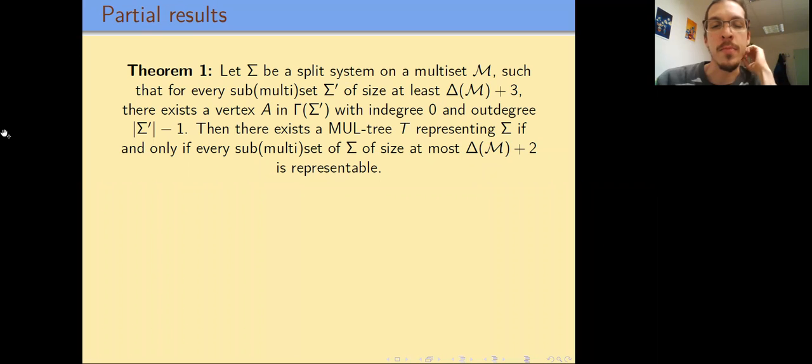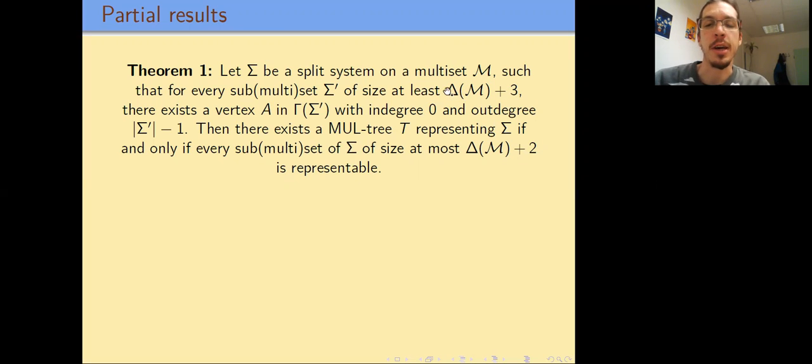We have one which requires looking at some annoying property enjoyed by subsets of your split system sigma of size delta plus 3.